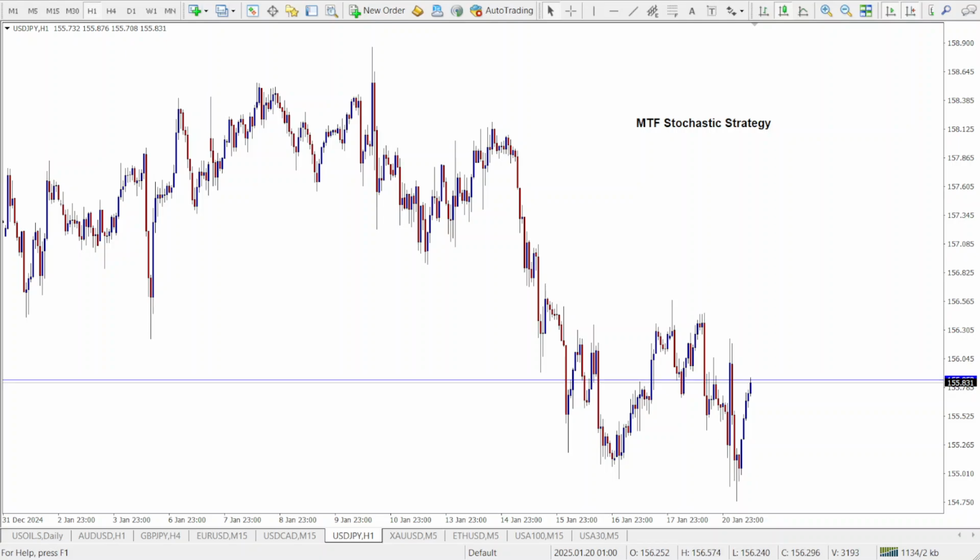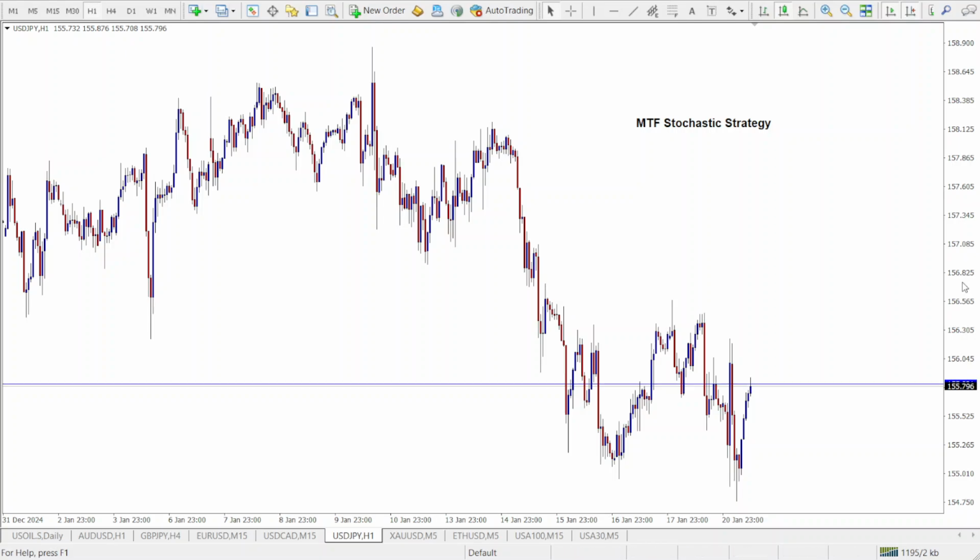Instead of looking at one time frame, you use several time frames to confirm the direction of the trend. This can help you to filter out false signals, reduce market noise, and give you a clearer picture of what is really happening in the market. So let us just break it down a little bit more.